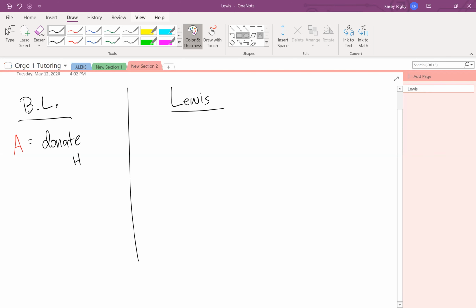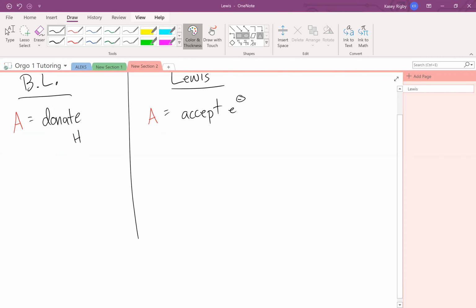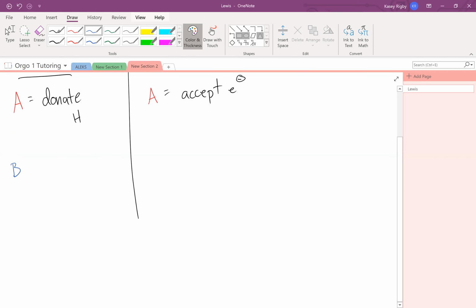Lewis acids accept electrons. Bronsted-Lowry bases accept hydrogens. And then Lewis bases donate electrons.